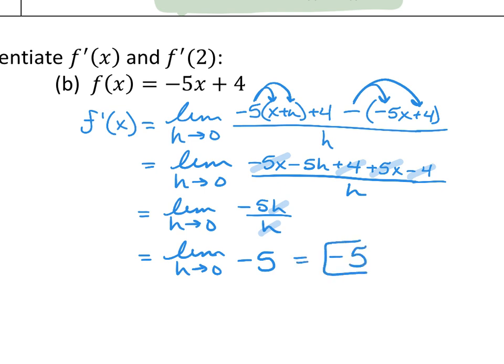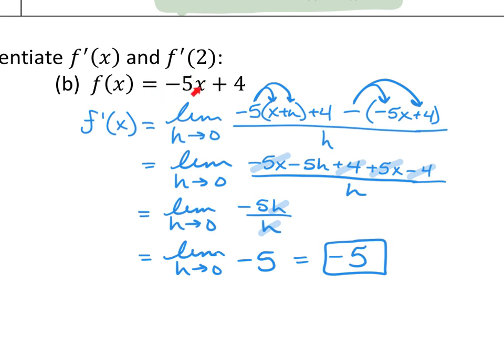We still get negative 5 out. Weird. I told you earlier that the blue equation, the definition of a derivative, should give us a formula. I know that this is a number, but it is technically still a formula. It's a constant. The slope at any point along this line is going to be negative 5, which makes sense. Isn't this a linear equation? Linear equations, well, this one goes down the whole time. Every single place that it goes, what slope does it have?